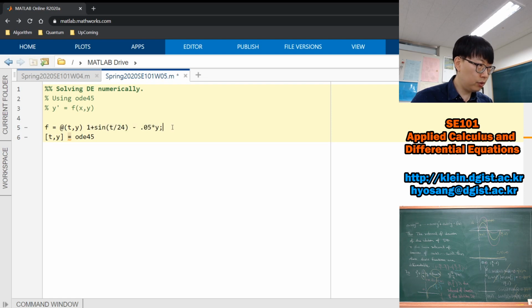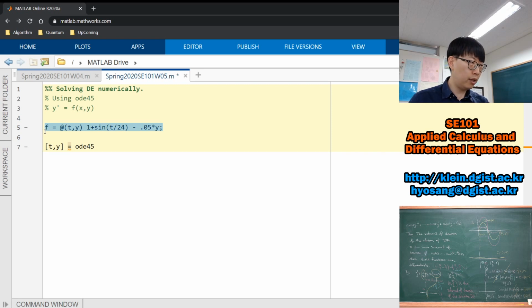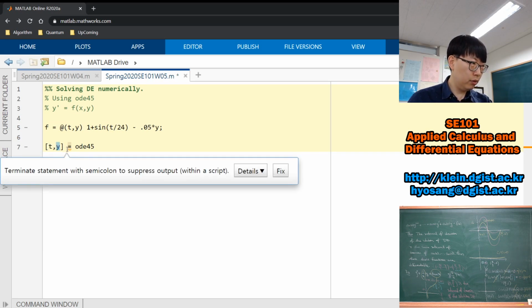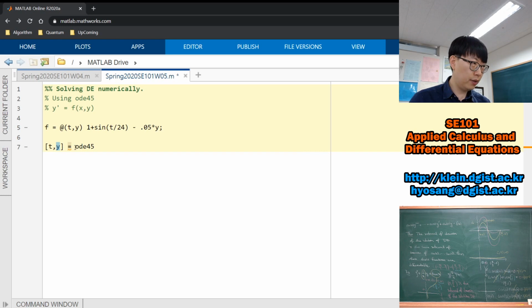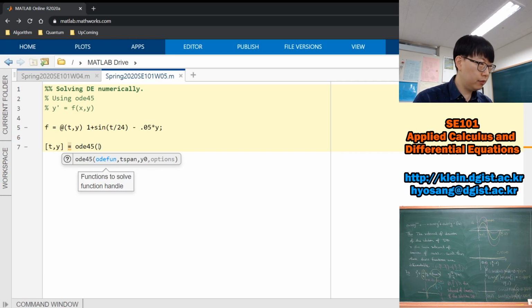So up to this point, t and y are not saved as a variable in the MATLAB. So I'm going to use t and y as the variable for saving the array of values of solution curve obtained by ODE45 command.